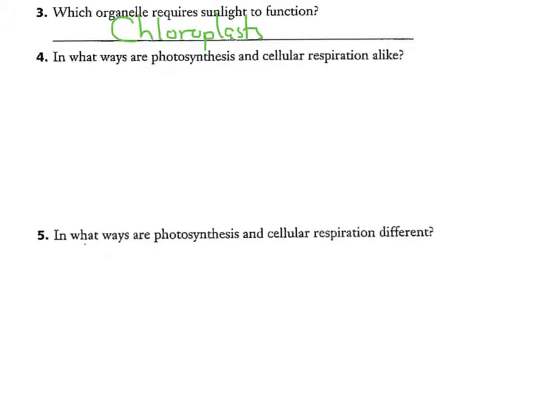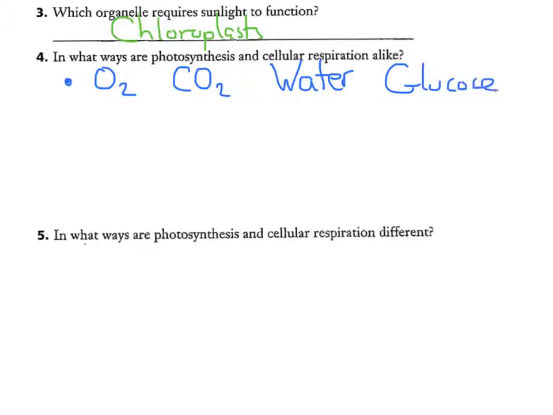So let's put on here our 3 answers. So one of the bullets I can put on here is that they all contain, in some way, shape, or form, oxygen, carbon dioxide, water, and glucose. The other thing I can put on here is that both produce energy.